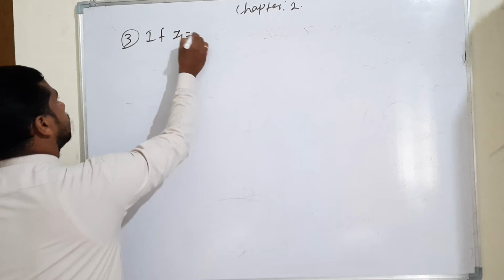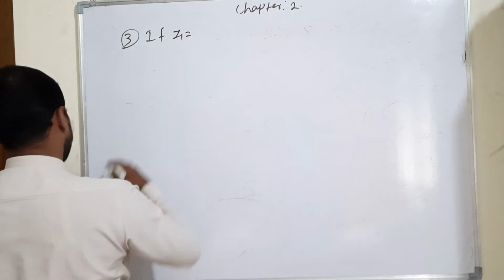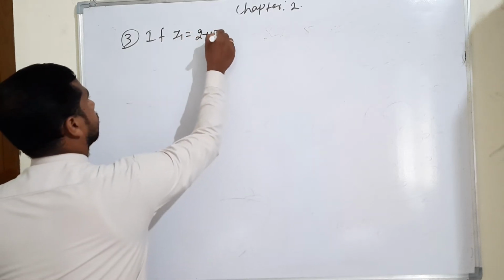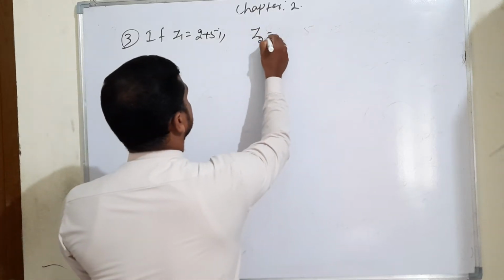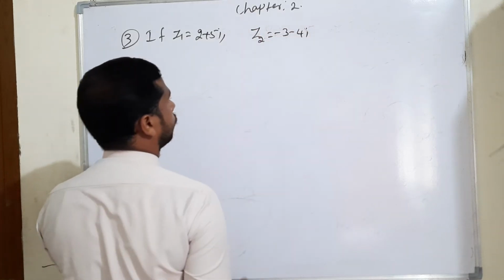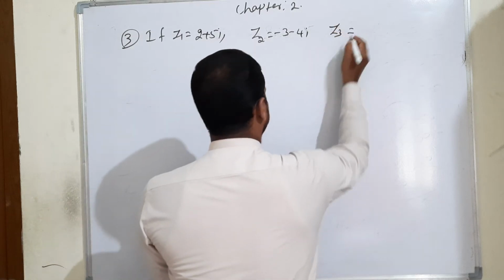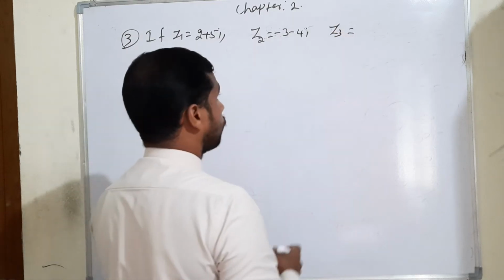If z1 is equal to 2 plus i, z2 is equal to minus 3 minus 4i, and z3 is equal to 1 plus i.